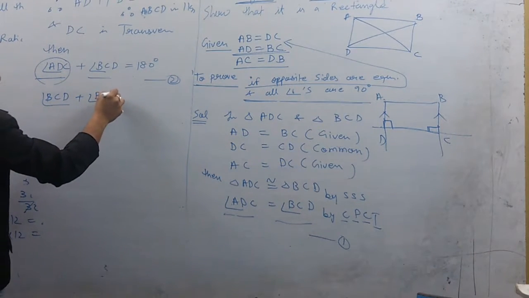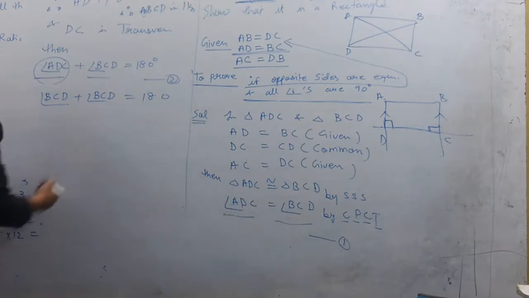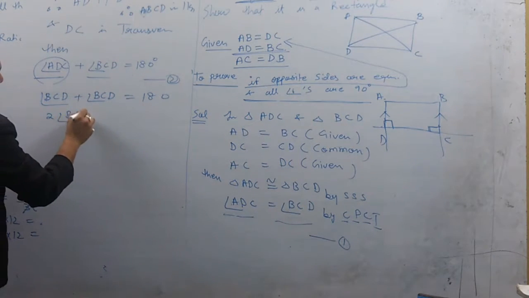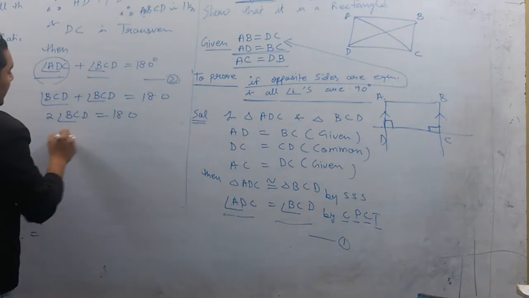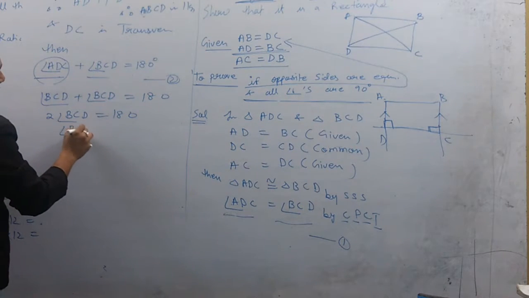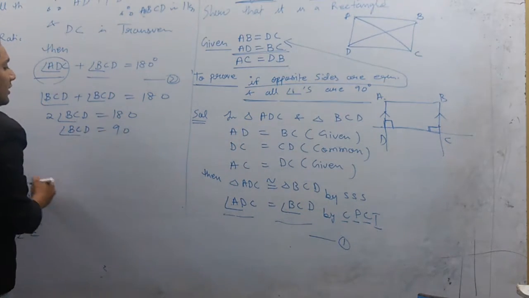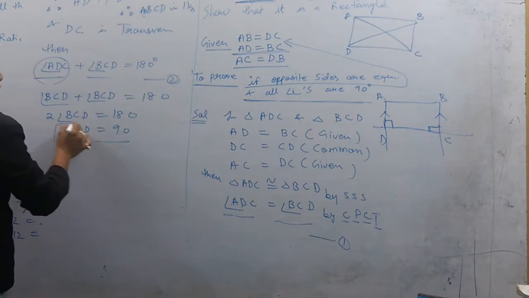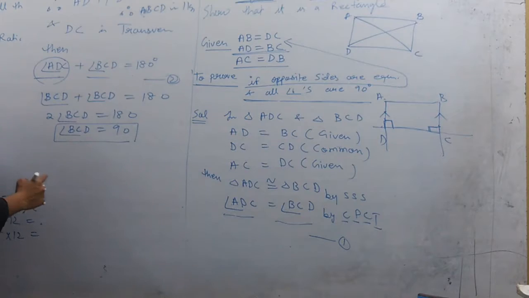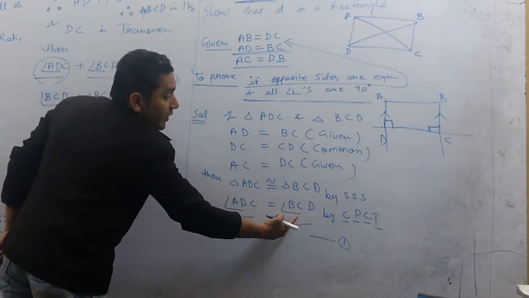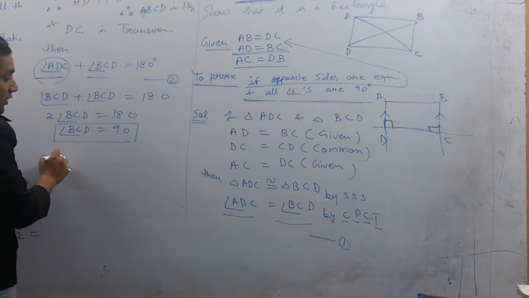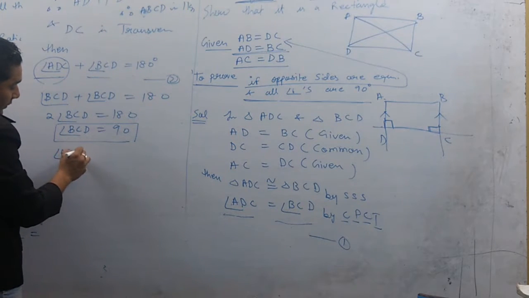BCD plus BCD is equal to 180 degrees. Then 2 of angle BCD is equal to 180 degrees. Then angle BCD is equal to 90 degrees when dividing 180 by 2. BCD is equal to 90. If BCD is equal to ADC, then we can say ADC is also 90.